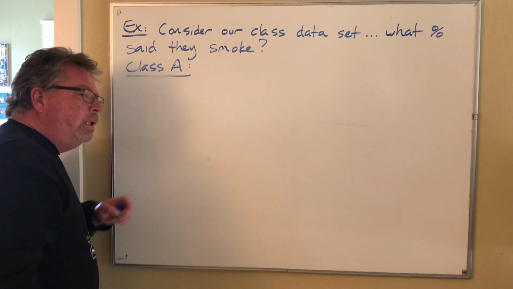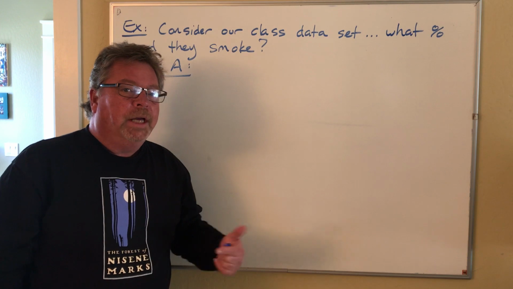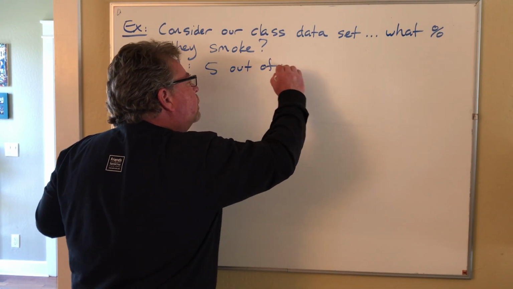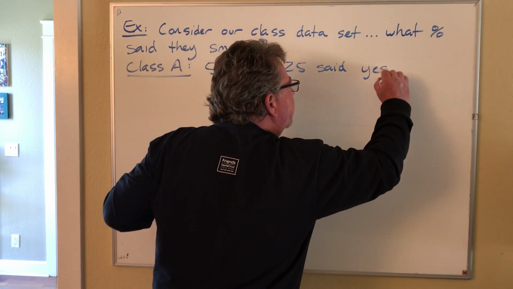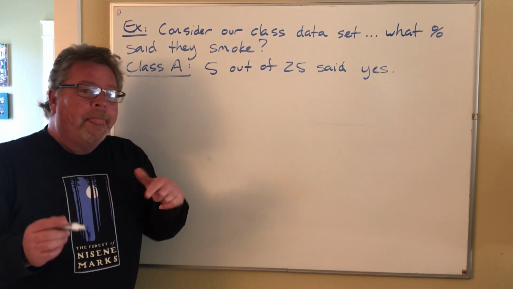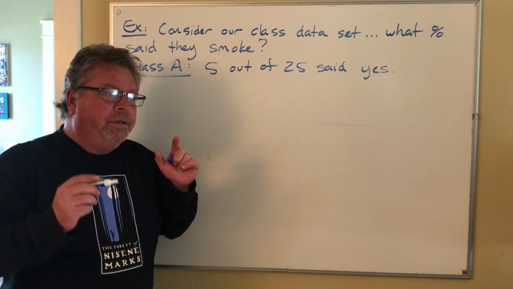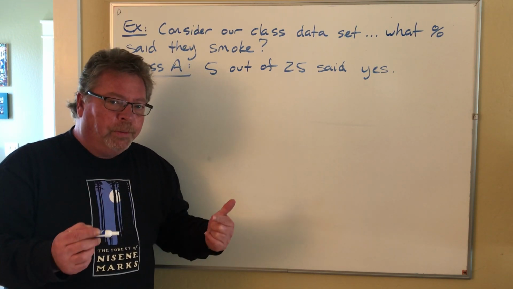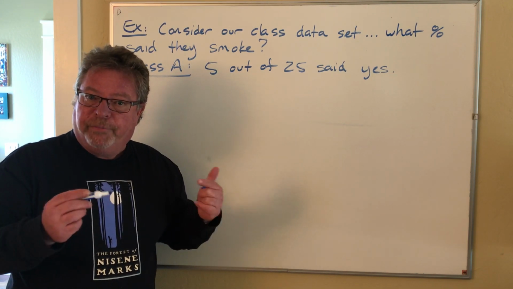So for class A, if you look at that column titled smoke, you can count up the number of people who said yes, and you'll see that 5 out of 25 said yes, they smoke. So what we're going to do is take those numbers and turn them into this proportion or this percentage. And what we have to always keep in mind is, will this produce a population proportion, a value of p, or a sample proportion, the value of p hat?